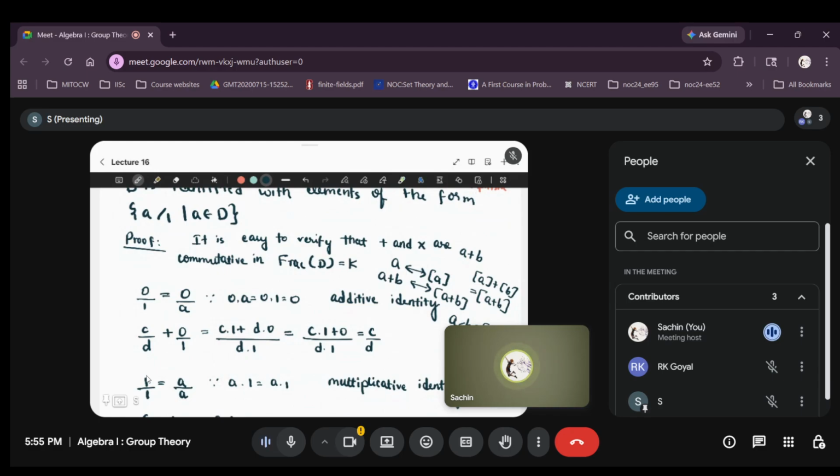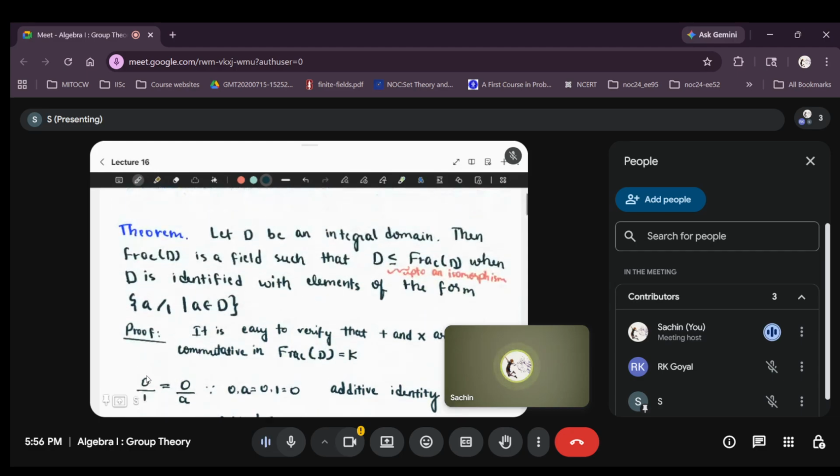So the same thing is happening here. Initially, you only had elements A, B, C, D, etc. Then you considered, instead of listing ordered pairs (C, D), (E, F), you simply wrote A by B. And this A by B is not really a part of this set.